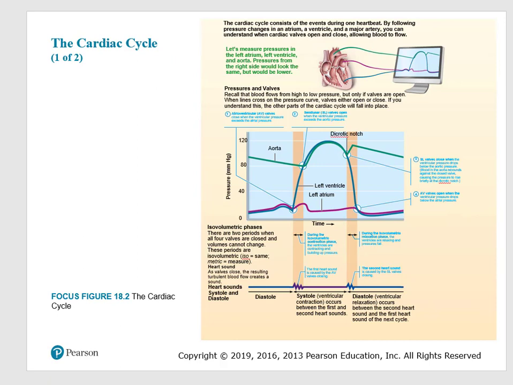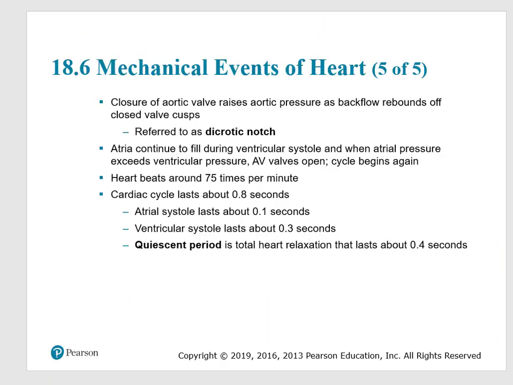So we were talking briefly about the sounds. Before we get to the sounds, I want to talk about how long the heart spends in the contracted phase and how long the heart spends in a relaxed mode. An entire cardiac cycle only lasts 0.8 seconds. Out of that 0.8 second, the atrial contraction is 0.1 second, ventricular contraction is 0.3 seconds.